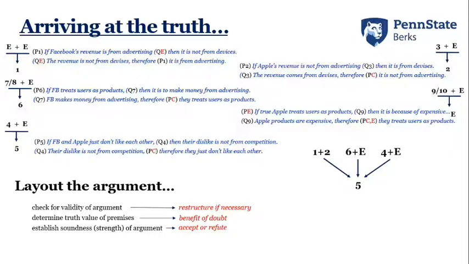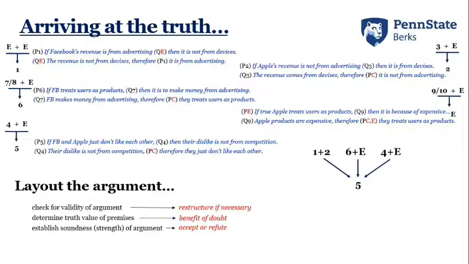So the way that I laid this out is I did not see these things as dependent upon each other. To me, it seemed like Facebook's revenue from advertising and Apple's revenue from advertising, those two things sort of work together. And then the result of that is going to have some sort of logical weight on the final conclusion that they try to make, that simply they don't like each other.